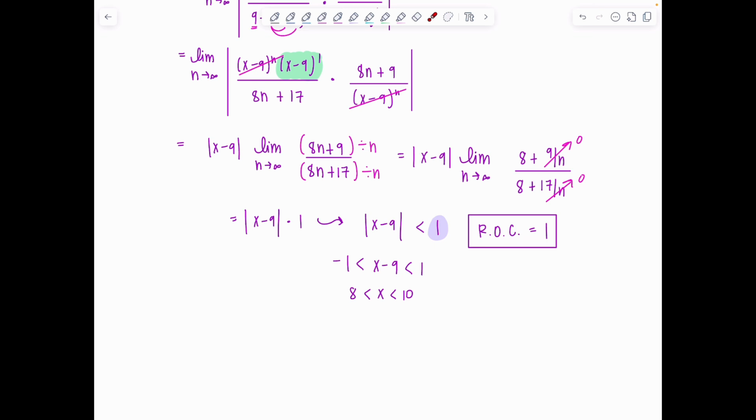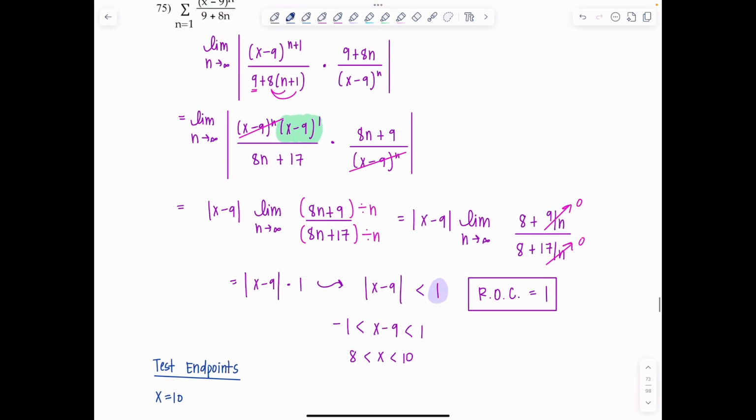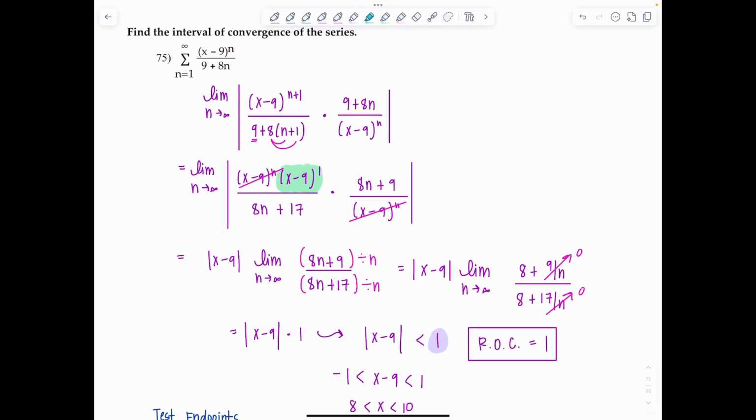So let's do x equals 10 first, okay? So we're testing the endpoints. And let's start with x equals 10. Look back at your original series. I'm going to come here and substitute in 10 for x, okay?